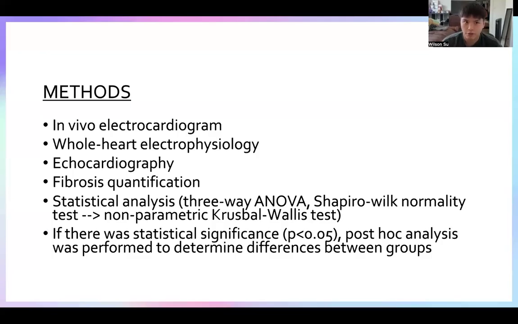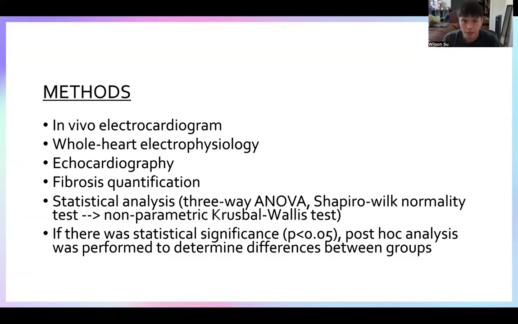The methods used were the in vivo electrocardiogram, basically a heart reading, which you will see later. In vivo means while the organism was alive. Then the whole heart electrophysiology, basically the study of your heart and how the conduction system works. Echocardiography, basically an echo.